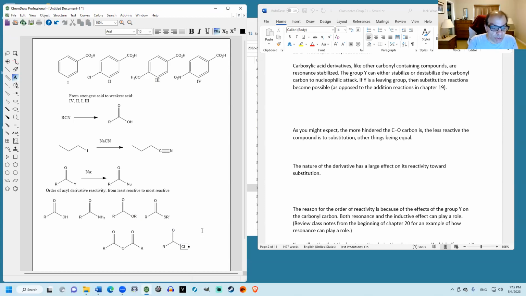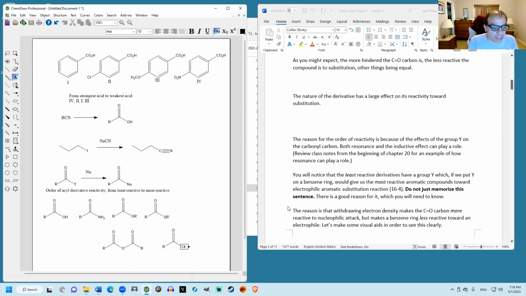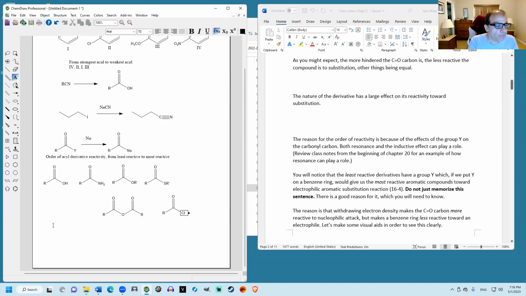And that's why it's so good that we have a way of converting a carboxylic acid to an acid chloride. And the reagent of choice for that is thionyl chloride. So that's a very useful reaction to remember.